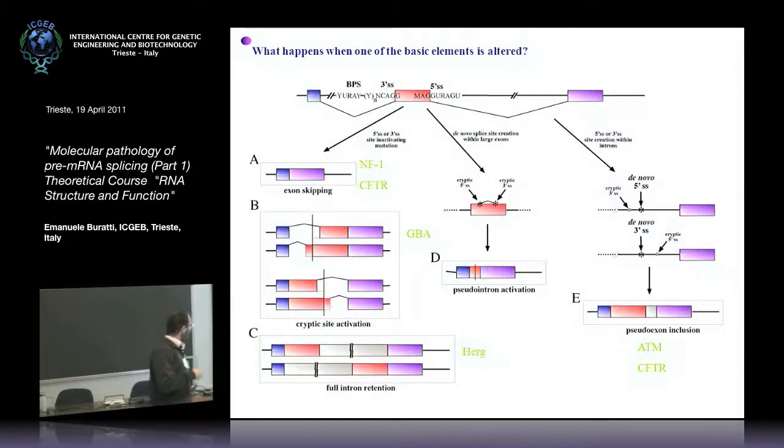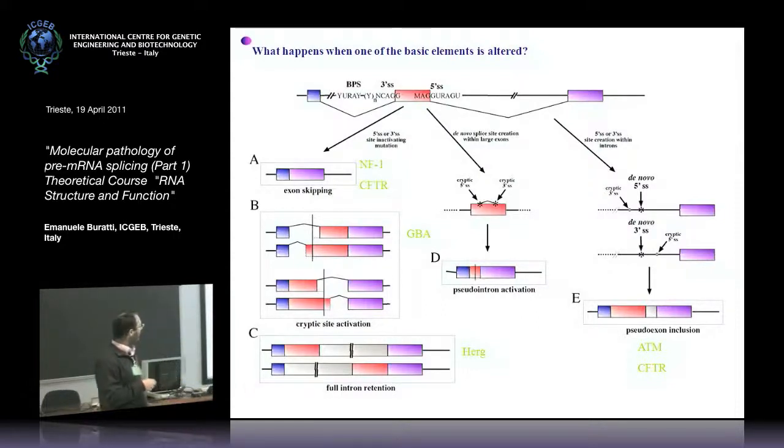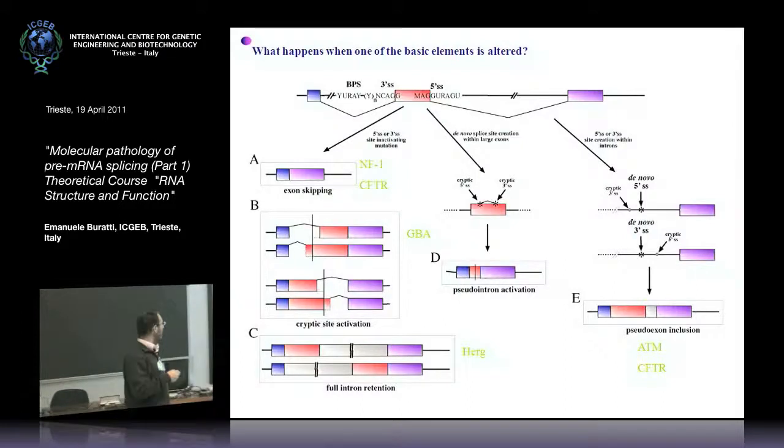And in our experience, splicing mutations have 4 major consequences. The most likely event that can happen following a mutation, and that we see in patients, is the skipping of the exon.